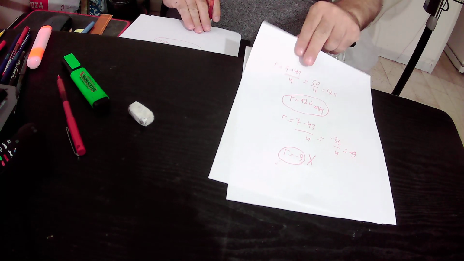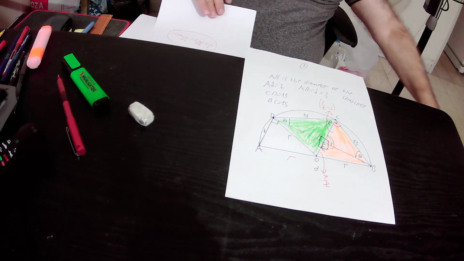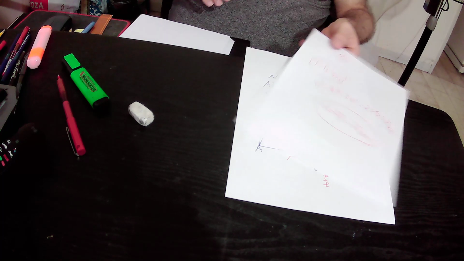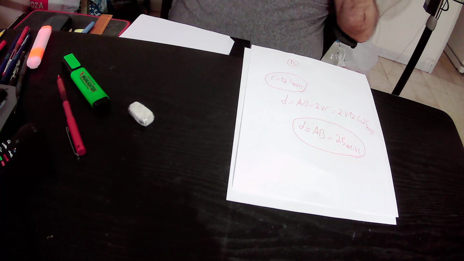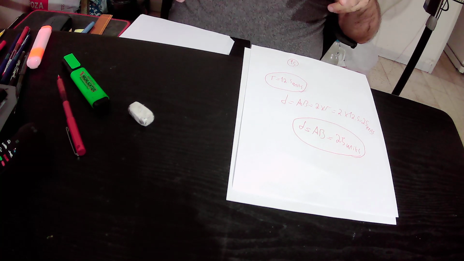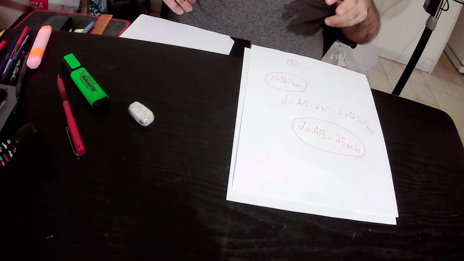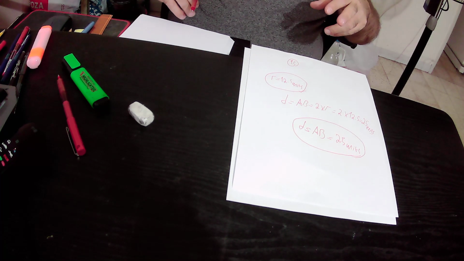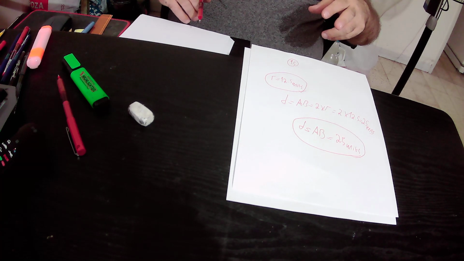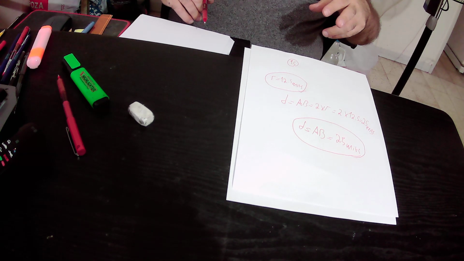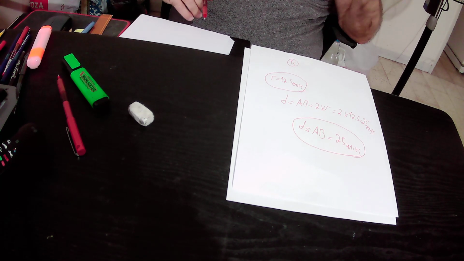We are only left with the solution that the radius of the circle equals 12.5 units, and we know that the diameter of any circle equals 2 times the radius, so the diameter of the semicircle will be equal to 2 times 12.5 units, which equals 25 units.